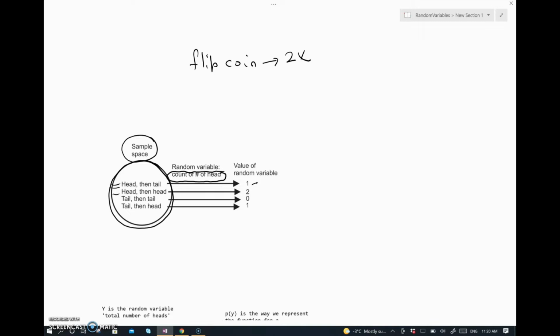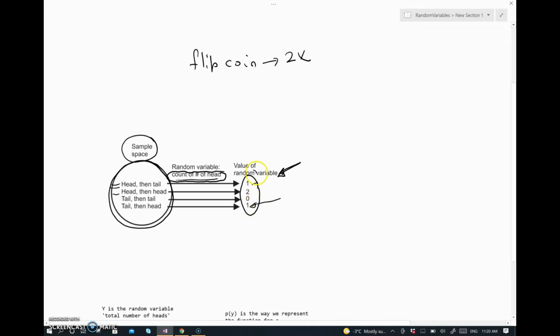So another way to think about a random variable is that if we look at these numbers here, it's the set of all possible values of the number of heads. One of the things that's really important is that we distinguish the idea of the random variable, which is the set of all possible values of the count of the number of heads, and the number of heads that we get when we actually do the experiment.